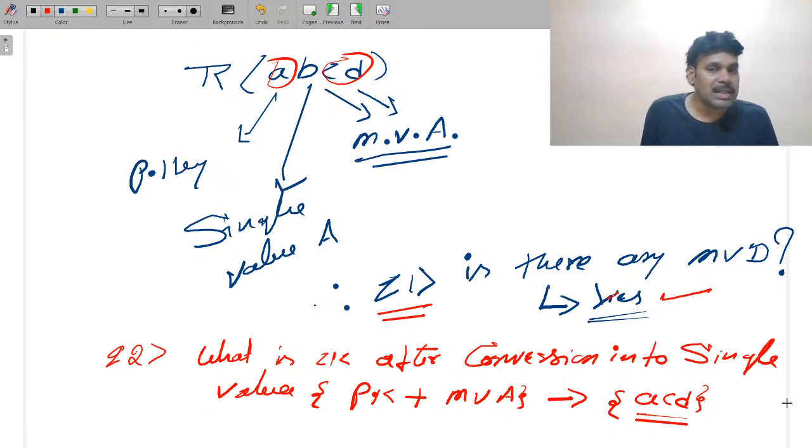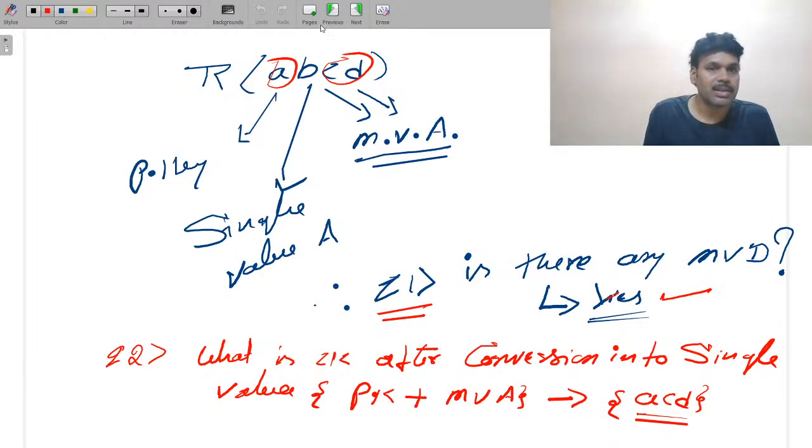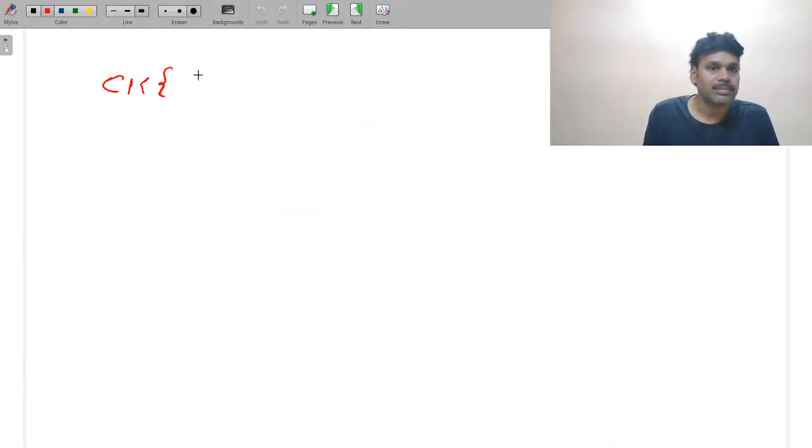So what dependencies are there in that? That's very important. Let me write the dependencies here. Your candidate key as far as the previous one is concerned is A, and we thought to bring your functional dependencies.